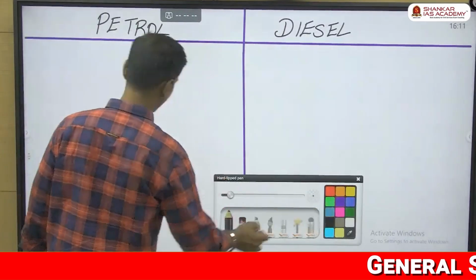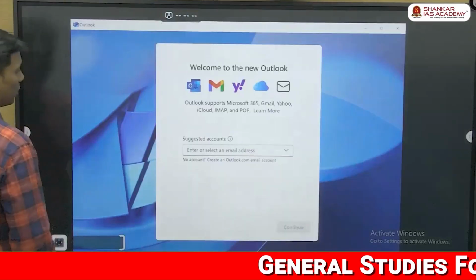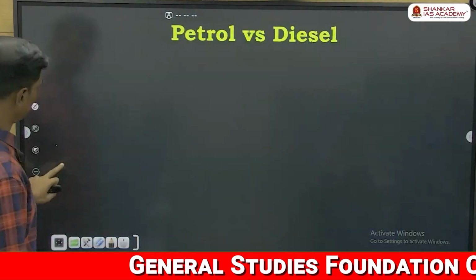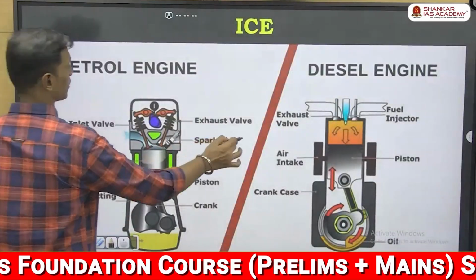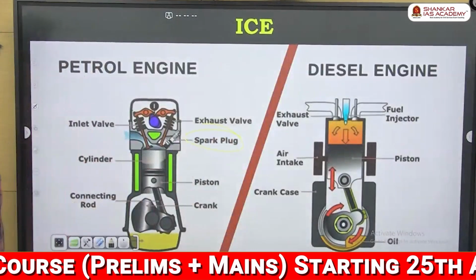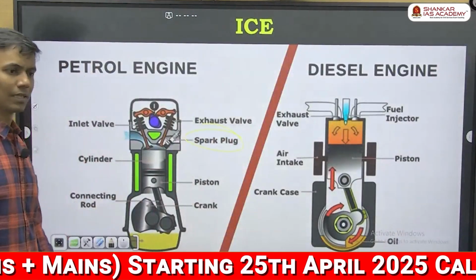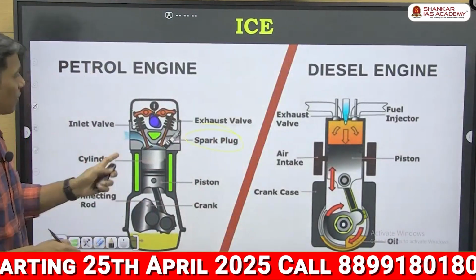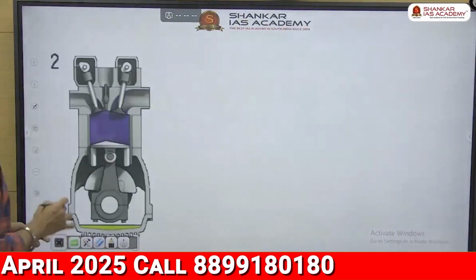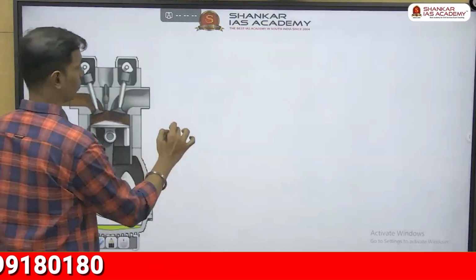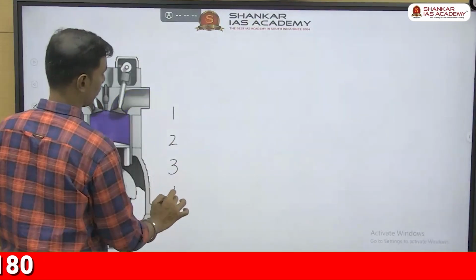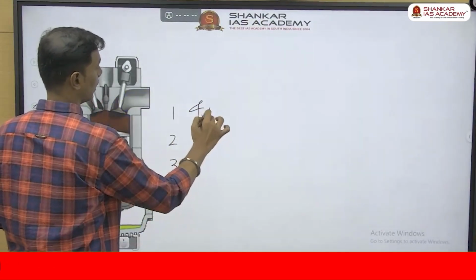Then if you take petrol engines, how the fuel burns inside the engine. Usually inside a petrol engine, you see this? What is written here? Spark plug. Generally, when the bike is not starting, we check the spark plug, correct? The function of the spark plug is, have you heard about 4-stroke engines? What are the 4 strokes in an engine? The first stroke is called intake stroke.